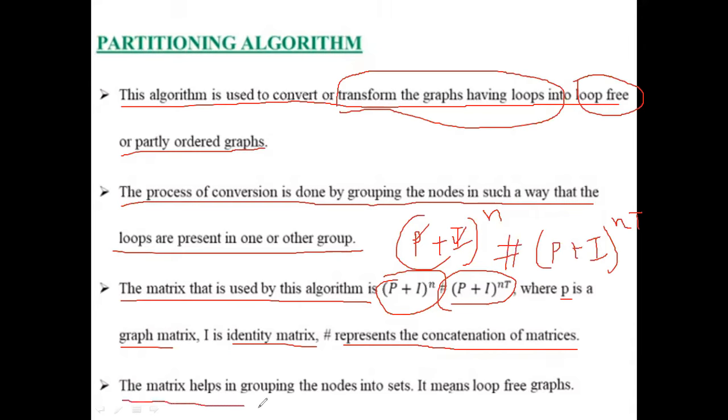The matrix helps in grouping the nodes into sets, which means the loop tree graphs. Any nodes that have self loops will have those loops terminated and removed, and we construct the loop tree graph.